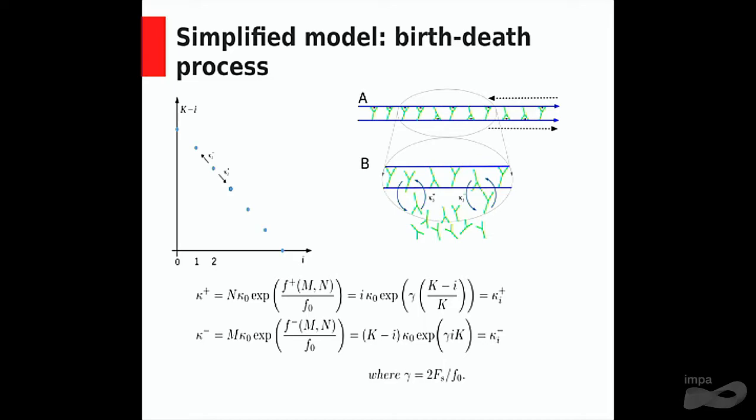The rates are given by those expressions here, so it's still exponentials, where I is the number of motors to the right now, and in those rates you have this I popping up twice, as a factor in front and in the exponential. The gamma is the scaled stall force, and basically the larger this gamma, the larger the effect of tug-of-war.